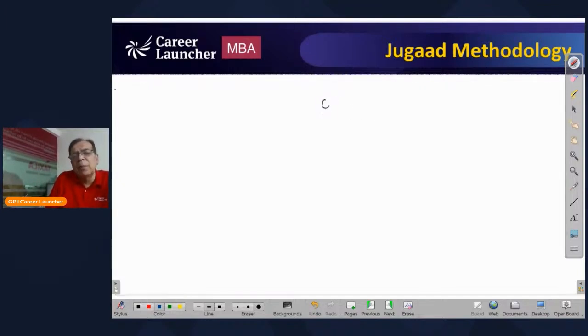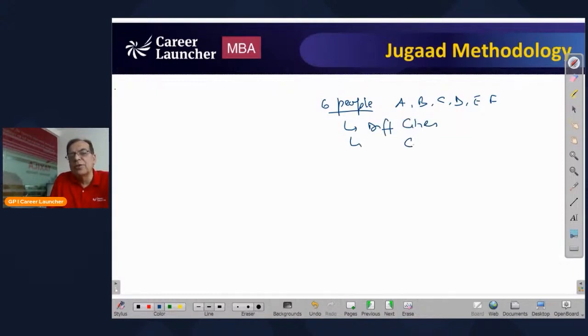Let me assume there are 6 people: A, B, C, D, E, F. These 6 are from different cities, have studied in different colleges, have, let's say, different preferred colors, have different cars, and so on and so forth. Some information is given.